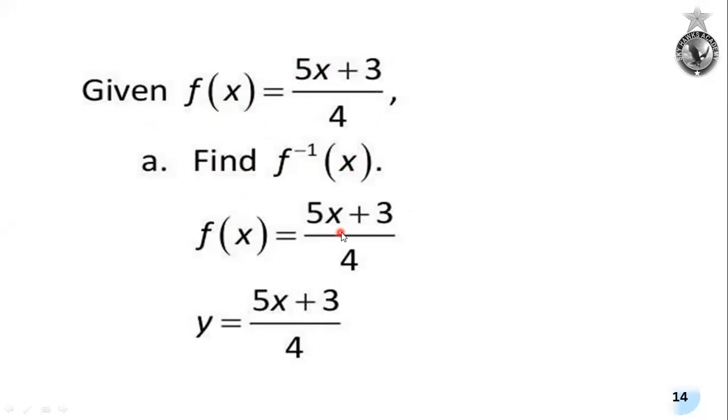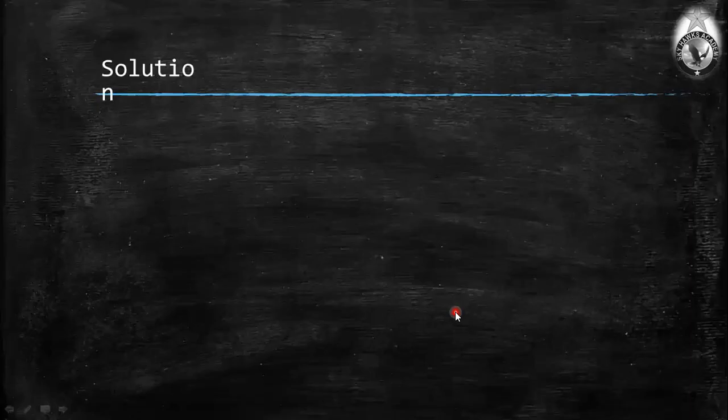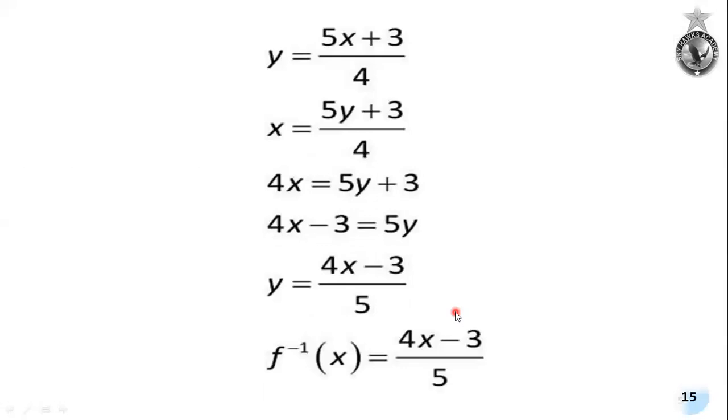So f(x) is this one. What we are doing is replacing f(x) with y. On the right hand side, the things are the same. So when we do this, we reach the next step, y is equal to, we are replacing as per those steps.